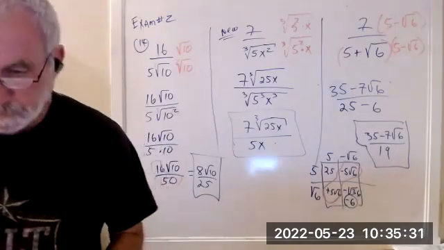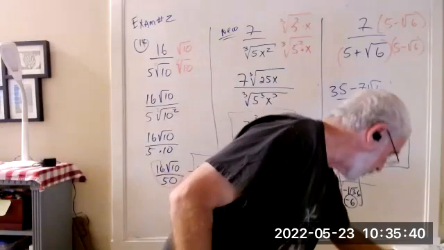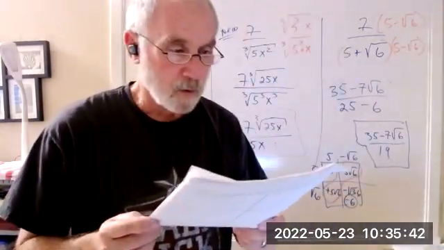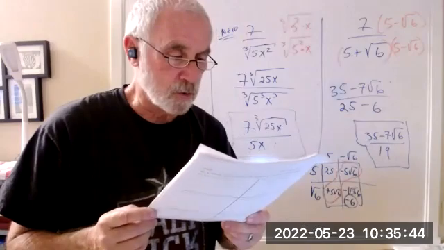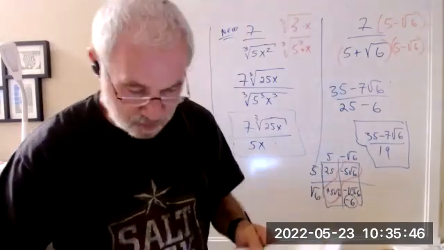4A off of exam 3, I believe. Yeah, exam 3. 2 times square root of -6, that one? 4A? Oh, 4A, I'm sorry.